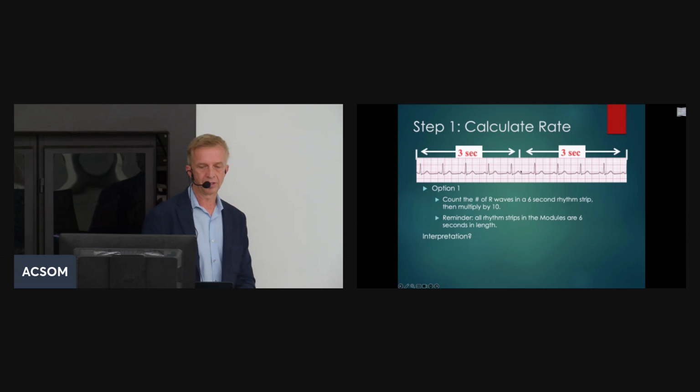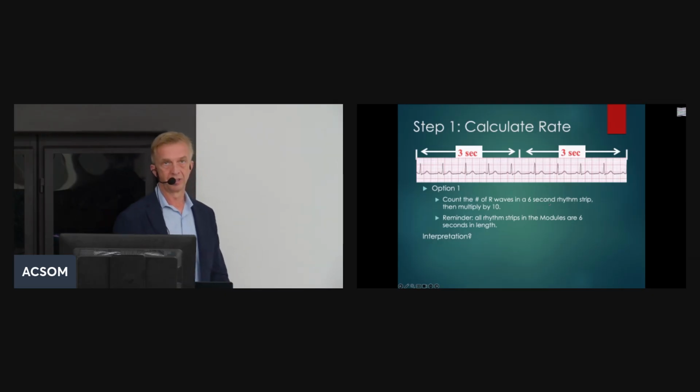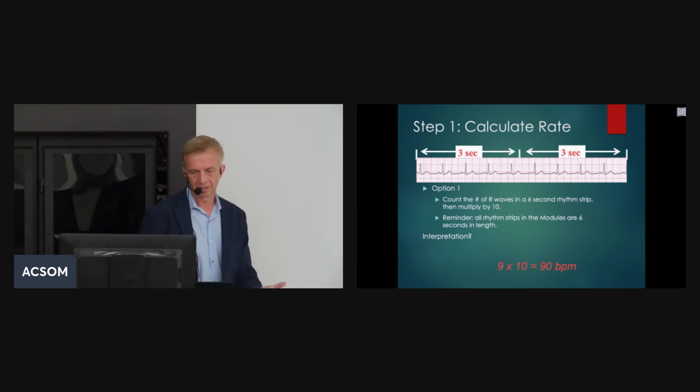The other thing on this rhythm strip: this is a 6 second strip, 3 seconds and 3 seconds, so you can count the number of QRS complexes: 1, 2, 3, 4, 5, 6, 7, 8, 9, almost 10. Because heart rate is calculated in beats per minute and this is a 6 second strip, you multiply by 10, so it's around 100. Here it's 90, but it's between 90 and 100 because there is almost another QRS complex here.